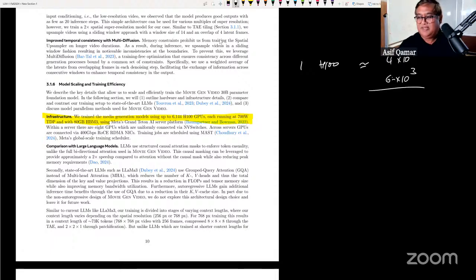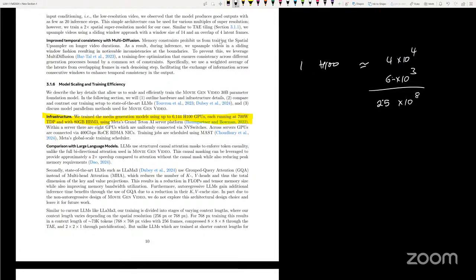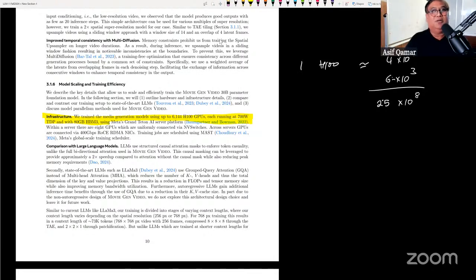Multiply these two together, approximately 25 into 10 to the 7, 2.5 into 10 to the 8. Right? What is that looking like to you in dollars? 250 million, right? But that is just the GPU cost, right?